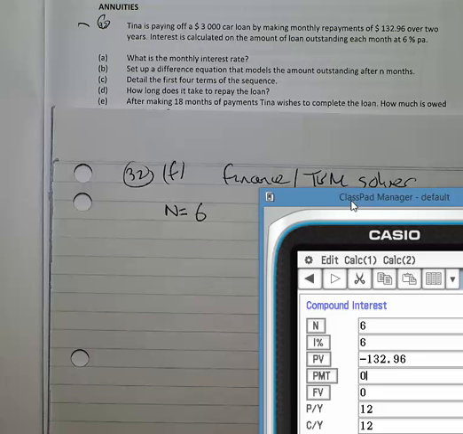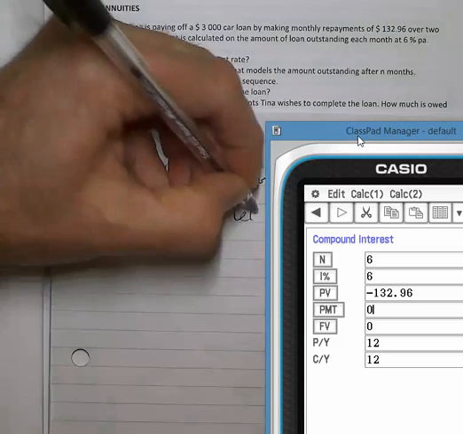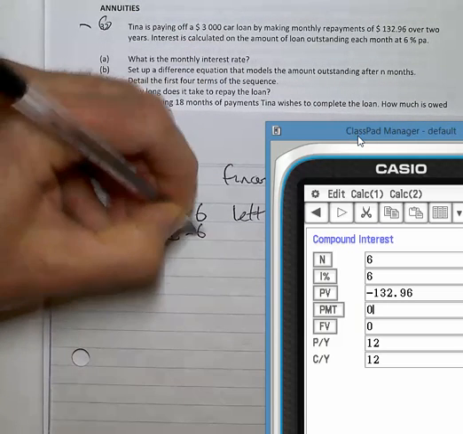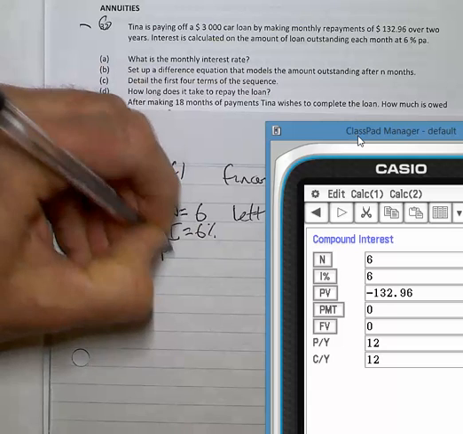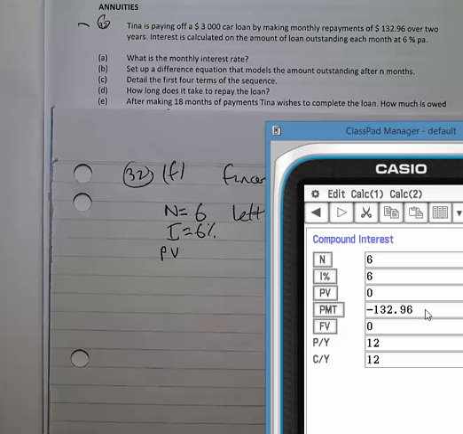So the finance TVM solver gives us the following. There are 6 payment periods left. Our interest rate is 6%. Our present value, I don't know the present value, 0. And I'll put the payment of negative 132.96.